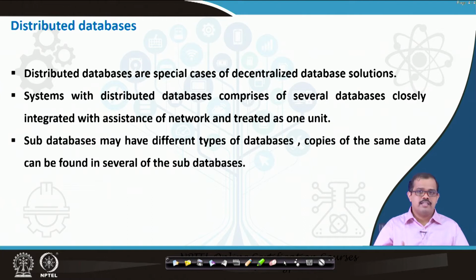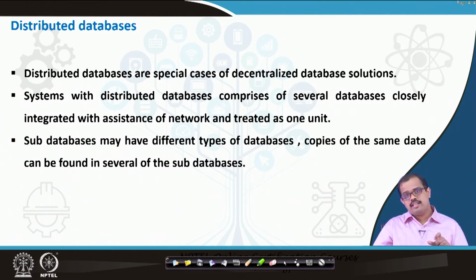Web handling has been growing in GIS, as well as in other applications in computer science. Systems with distributed databases comprise several databases that are closely integrated with the assistance of a network and are treated as one unit. Sub databases may have different types of databases, and copies of the same data can be found in several of these sub databases.